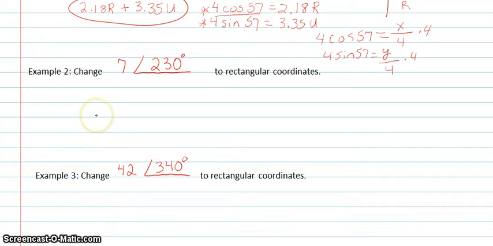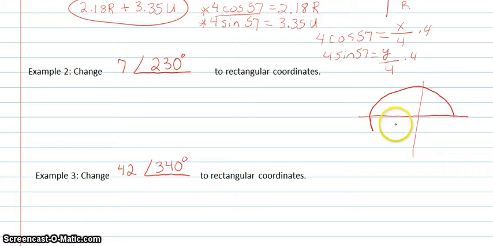Alright, example 2 is change 7 at 230 degrees to rectangular coordinates. Again, I think it's helpful to see this on a graph, because we're starting from the x and going counterclockwise. So that right there would be 180 degrees. And then we would go enough to make this angle add up with 180 to be 230.